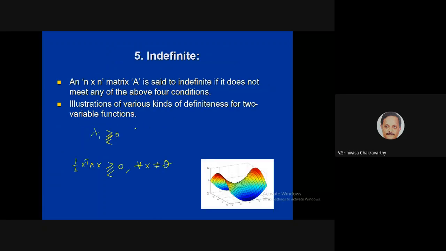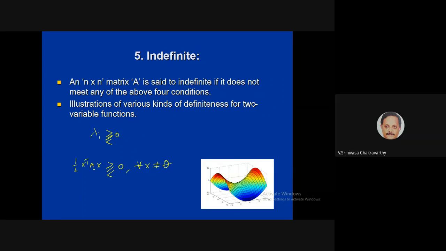Then indefinite is the case, like I showed you pictorially, that a saddle, for example, arises when the corresponding matrix is indefinite. That means the eigenvalues could be positive, negative, or zero. They're all real, but in terms of sign, they can be anything.